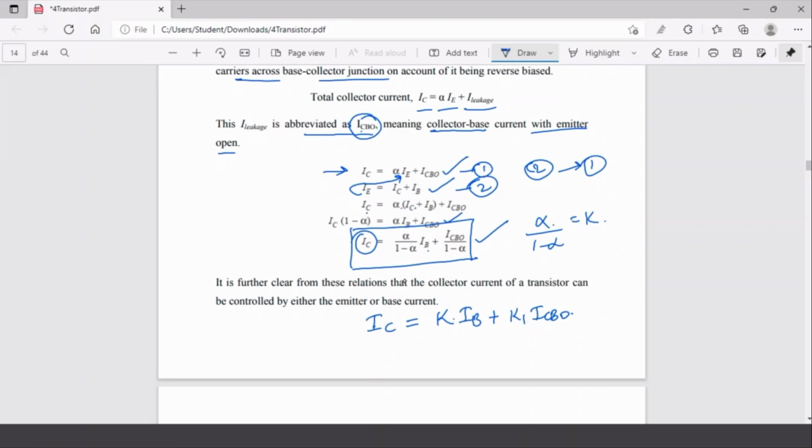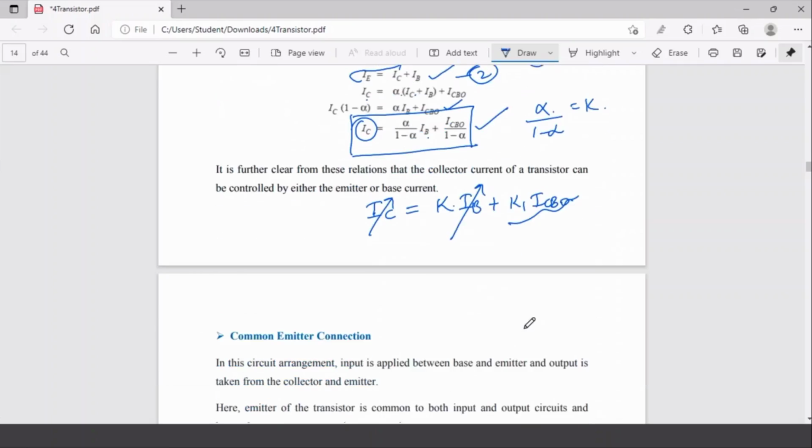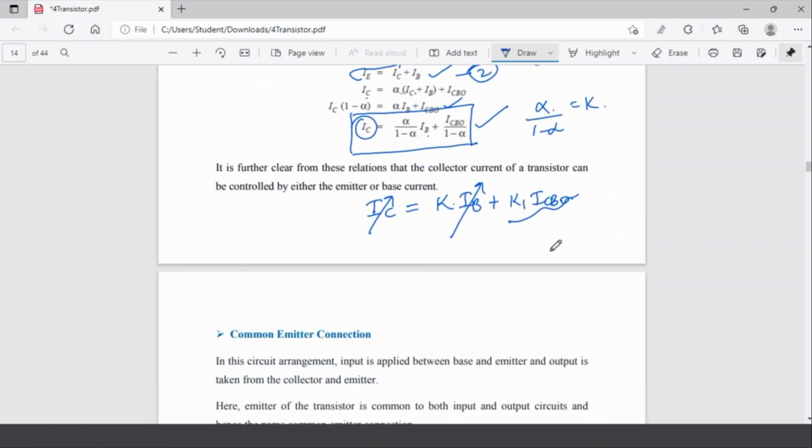Since ICBO is the reverse leakage current, its magnitude is very, very small. Essentially, by varying the base current, I can vary the collector current. By controlling the base current, we can control the collector current. Is that clear? This is how we achieve control action in a transistor. Is this clear to everyone?